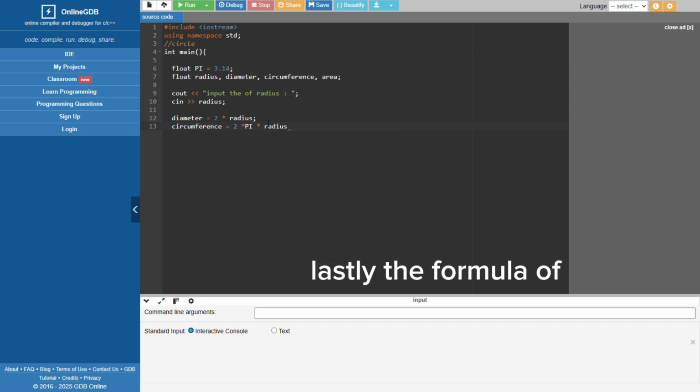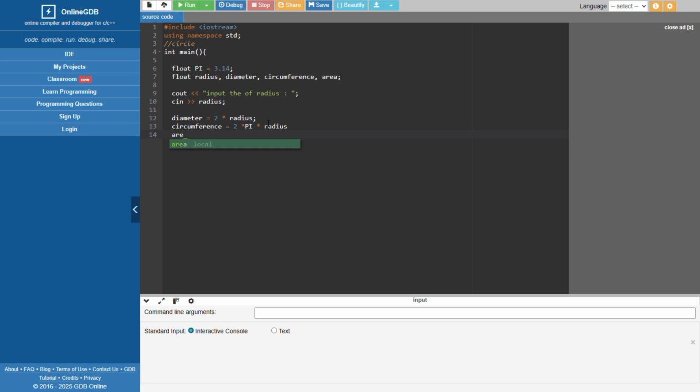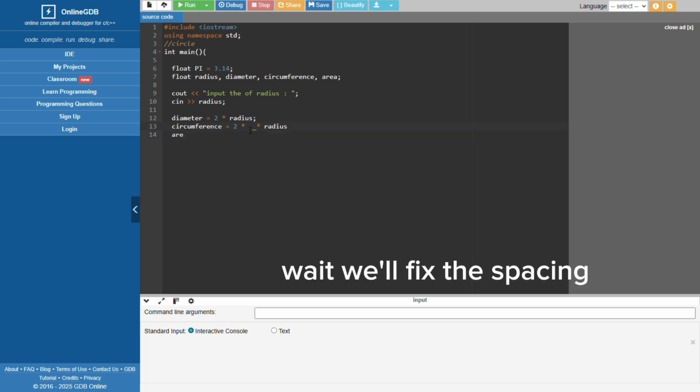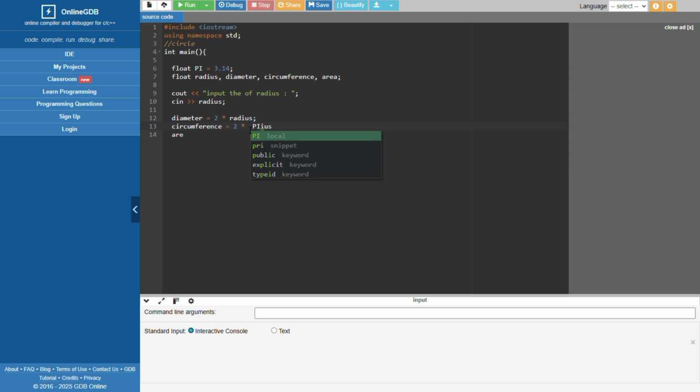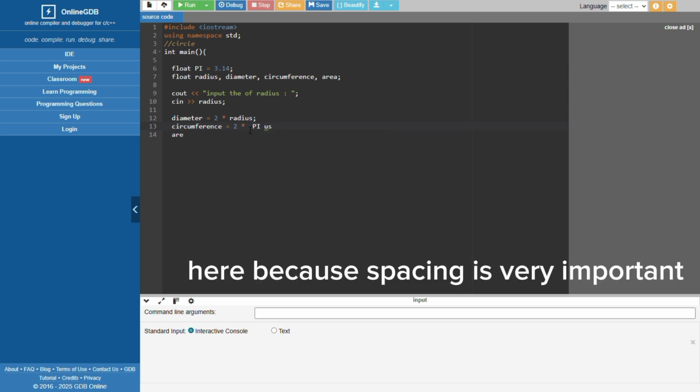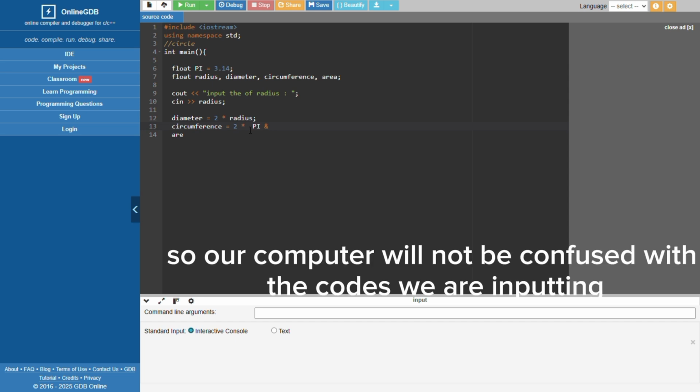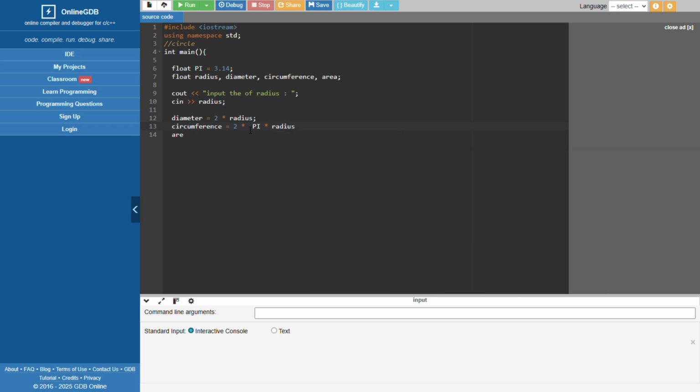Lastly, the formula of, wait, we'll fix the spacing here because spacing is very important, so our computer will not be confused in the codes we are inputting.